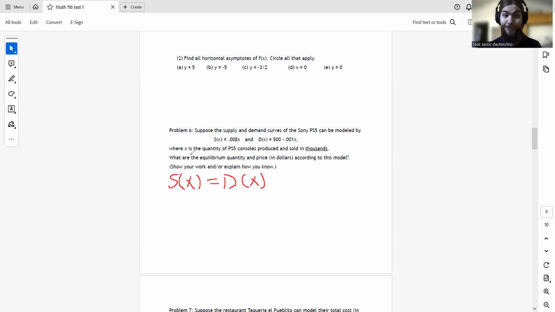So 0.008x is equal to 500 minus 0.001x. And then we could add that 0.001x to both sides. We get 0.009x equals 500. What does that tell us? It says x is equal to 500 divided by 0.009.